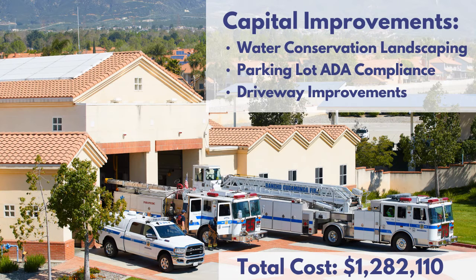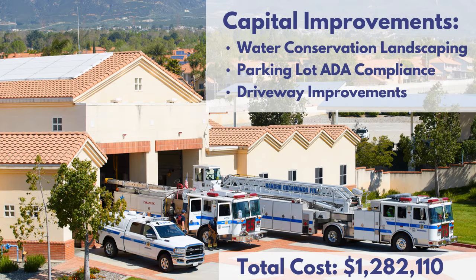As mentioned previously, the CIP that I've identified for this presentation is for the Rancho Cucamonga Fire District, but more specifically, water conservation landscaping, parking lot ADA compliance, and emergency vehicle circulation driveway improvements for Station 175, located off of Banyan and Milliken in Rancho Cucamonga. The water conservation landscaping will be removal of high water use turf and replaced with drought-tolerant landscape plant materials with drip system retrofit.